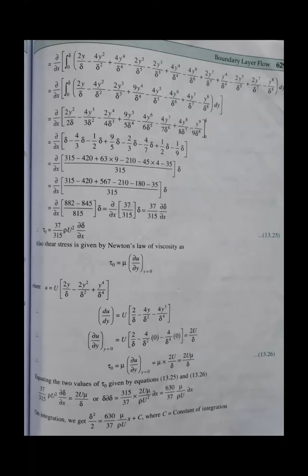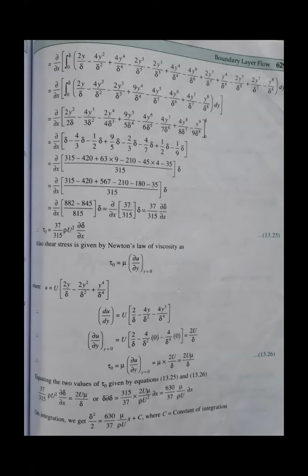Now these four terms are the result of multiplication of 2y by delta with all the four terms in the bracket. And this is with the first term.